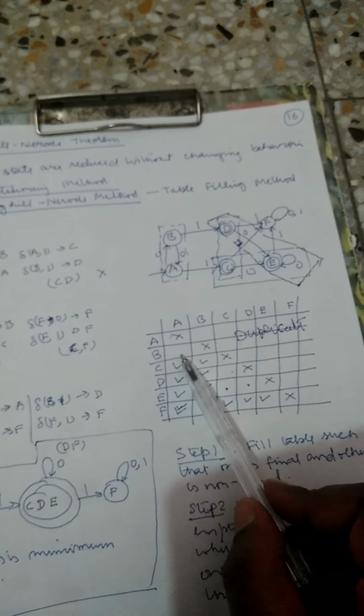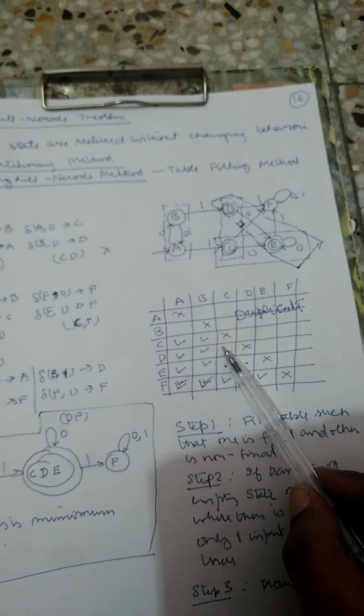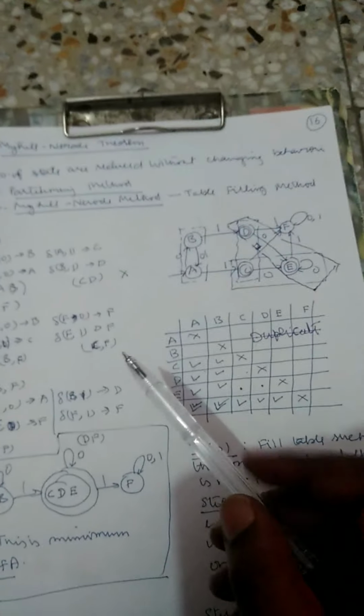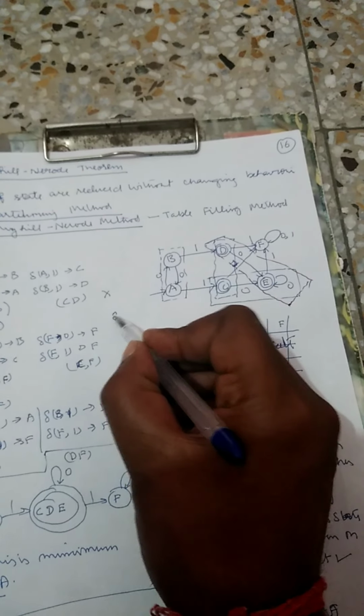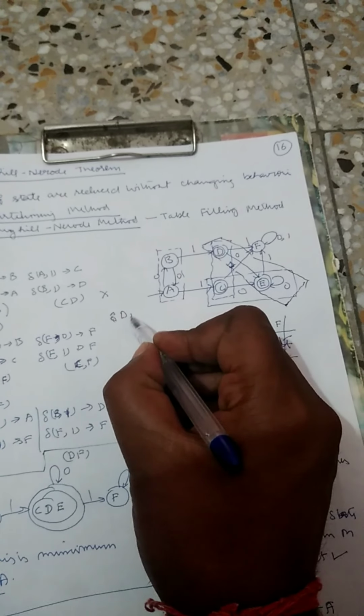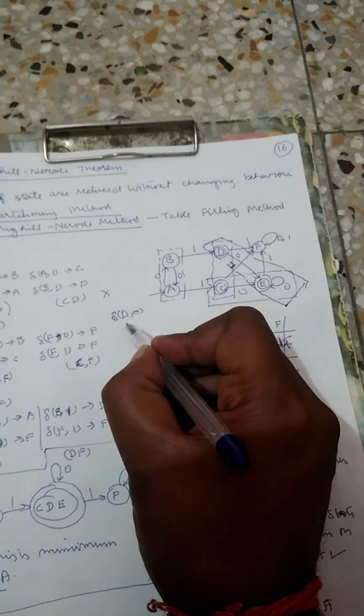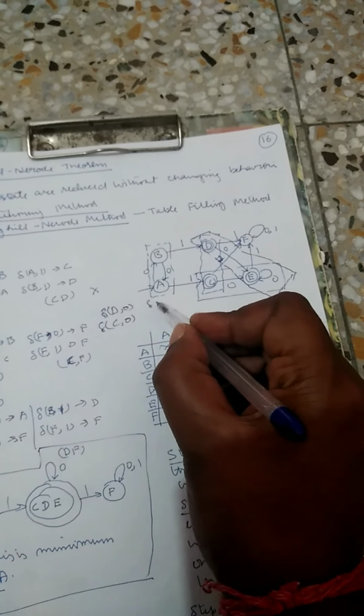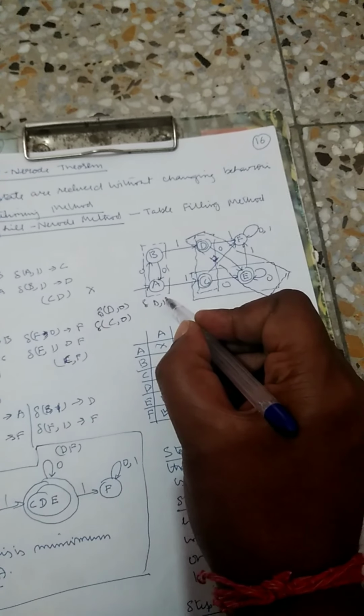Here we have D and C. Let us find out D and C, and also for D, 1 and C, 1.